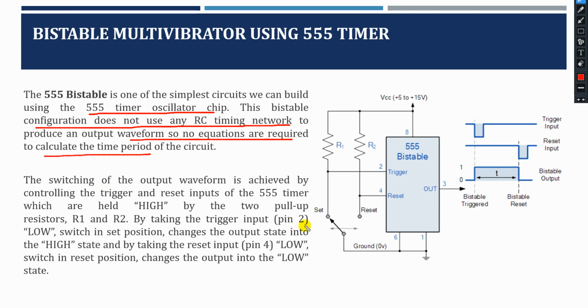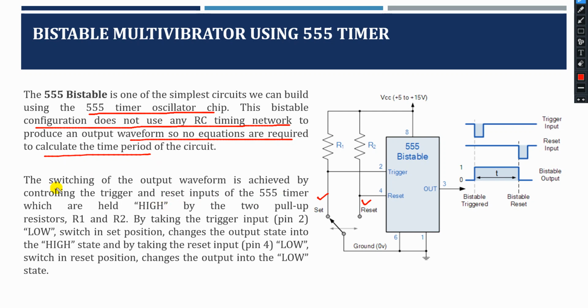Set and reset. We can see here one is set and one is reset. So there is no capacitor. The capacitor is not present. The switching of the output waveform is achieved by controlling the trigger and reset inputs of the 555 timer.